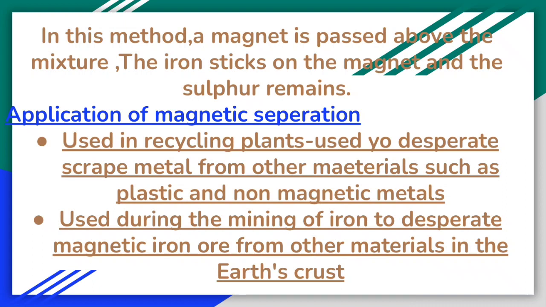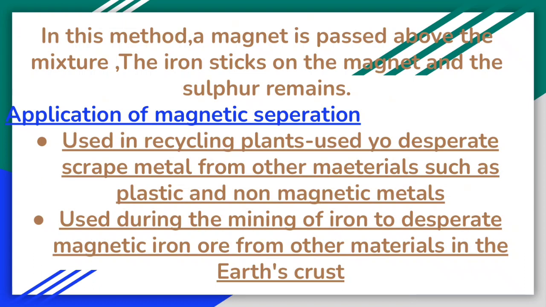It comes out with mud, with rocks, with soil, and so on. So in order to get the iron, we use a magnet to attract the iron and leave the other materials. So magnetic separation is an important method of separation, and it's applicable in those two cases.